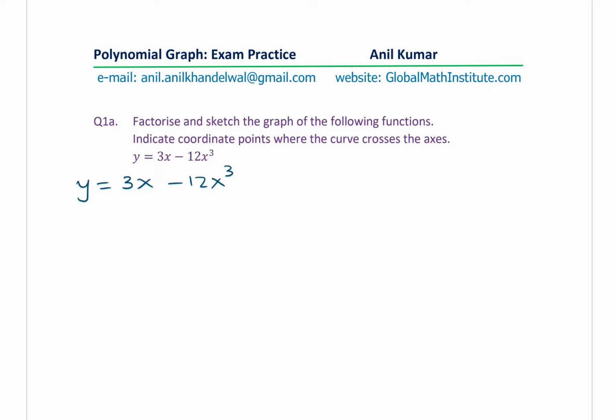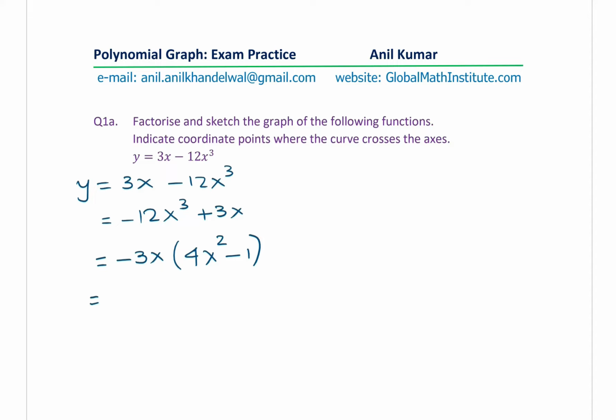It is always better to write the highest degree first, right? So it is minus 12x cubed plus 3x. The common factor, it is good to take minus also as a common factor, will be 3x with a negative sign. So that makes this positive 4x squared, and here we get minus 1.